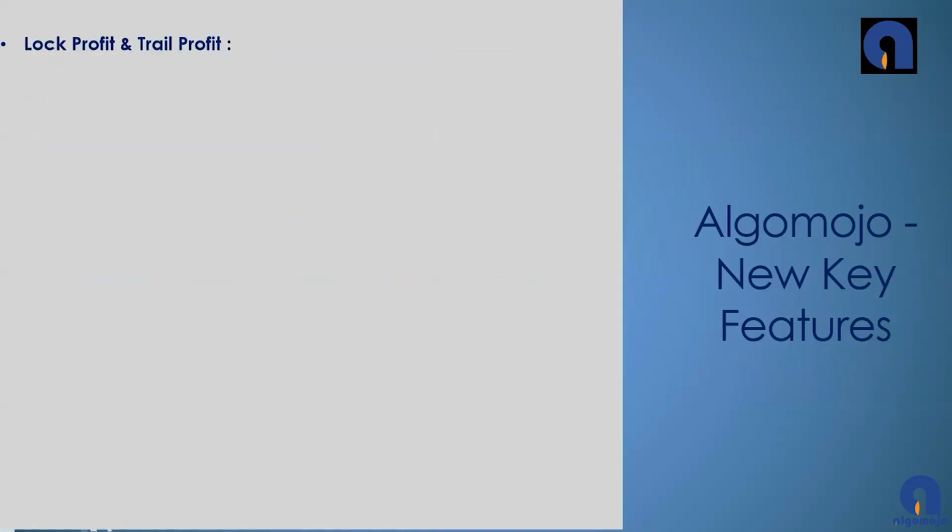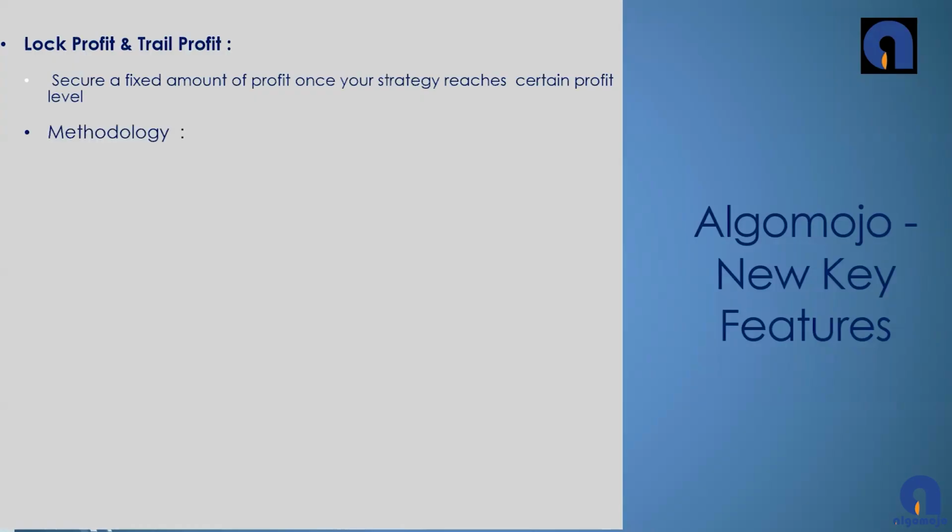There are some new features that we launched a couple of weeks back. One is lock profit and trail profit, to help users maximize or ensure that they get a minimum profit in the trades that they undertake. These facilities have been extended. Now you can specify the trigger from where we should start looking at locking the profit.